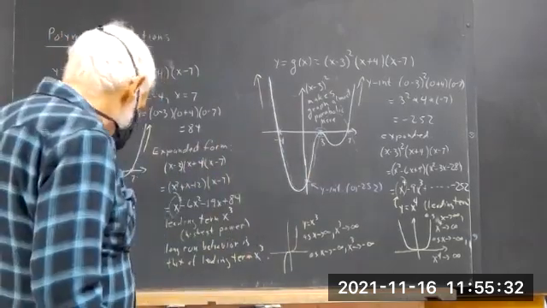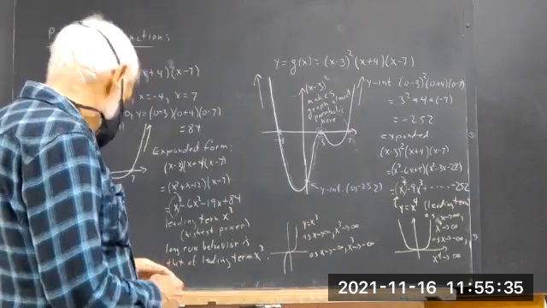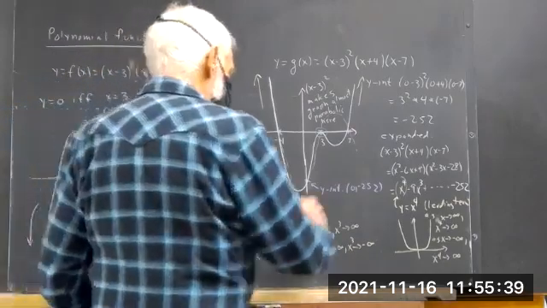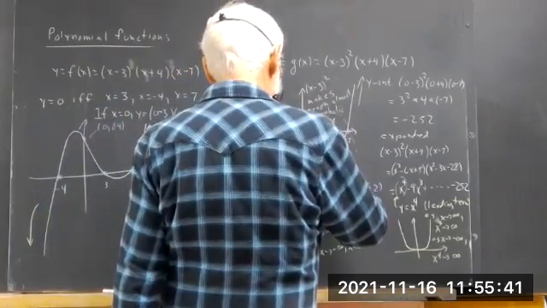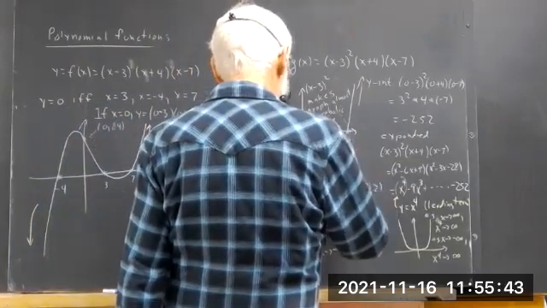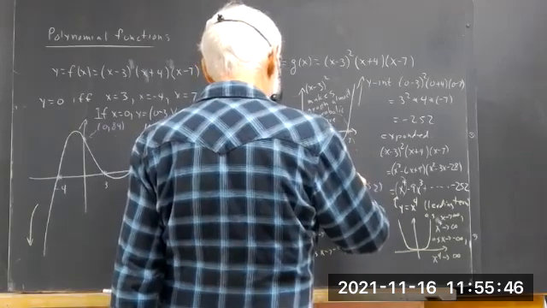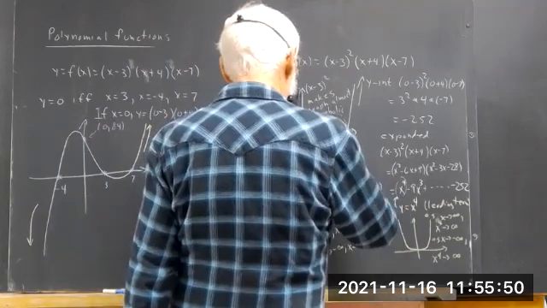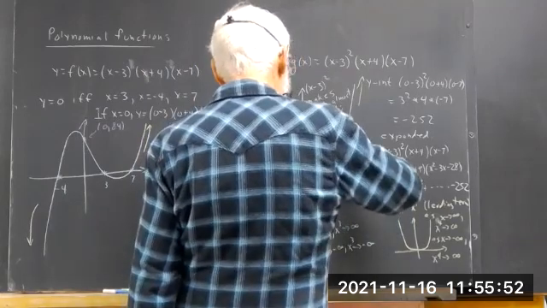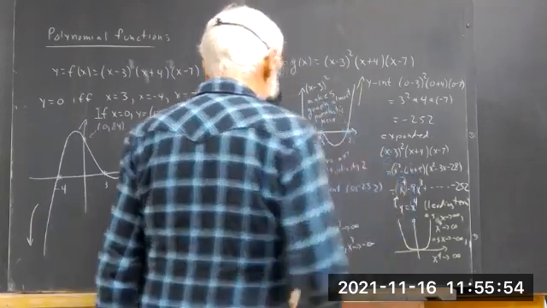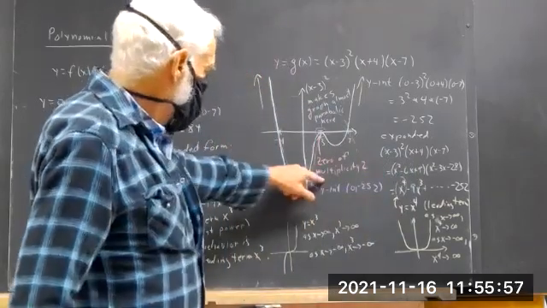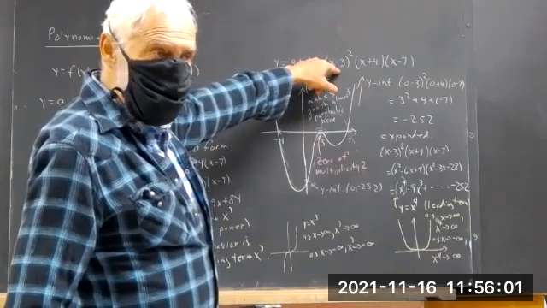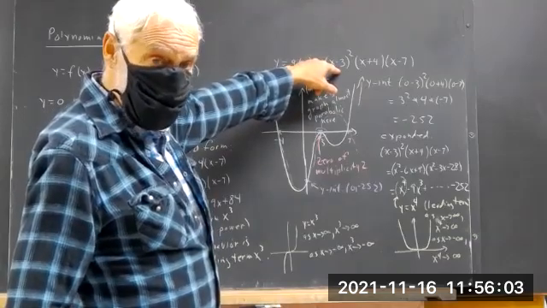Okay. Now we say this is a 0 of multiplicity 2, because it comes from a quadratic function, a function of degree 2.